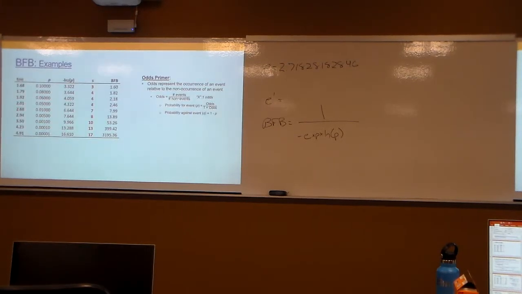relative to the null. Okay, and so odds are one of these things that we'll get into more when we get into logistic regression, things along those lines. But odds are basically the occurrence of an event relative to the non-occurrence of an event, right? So let's give some examples, let's say rolling a 3 on a die, right?